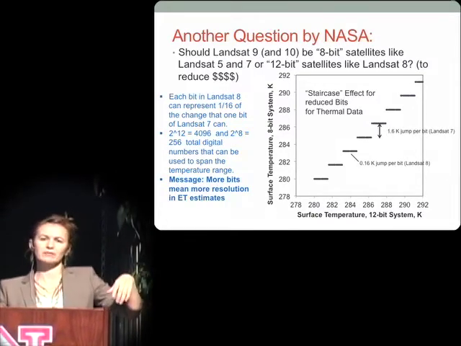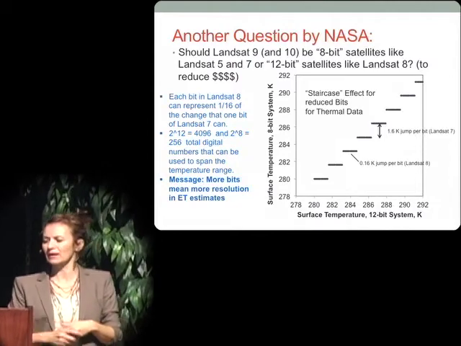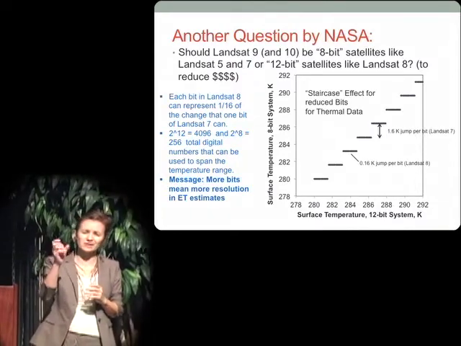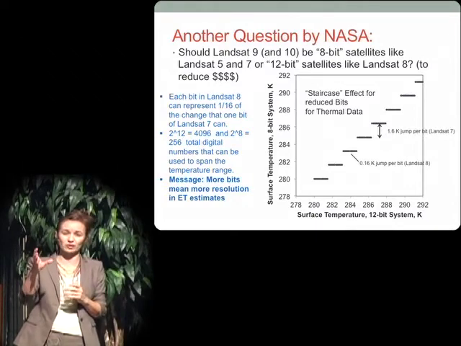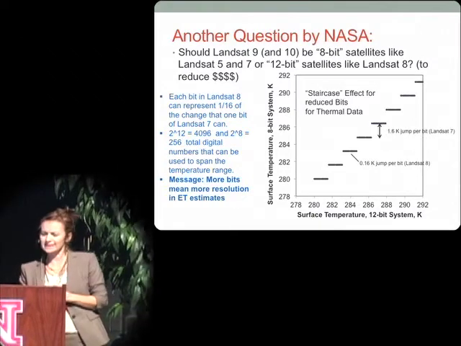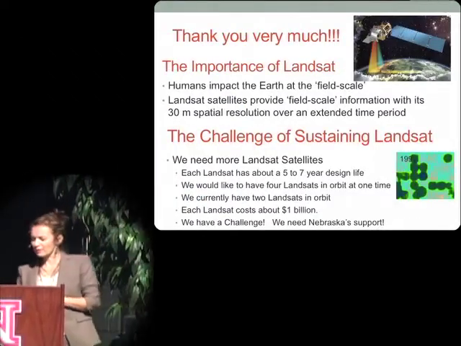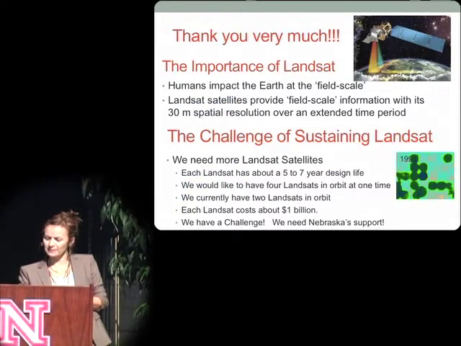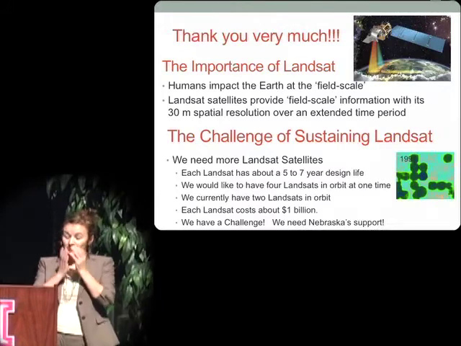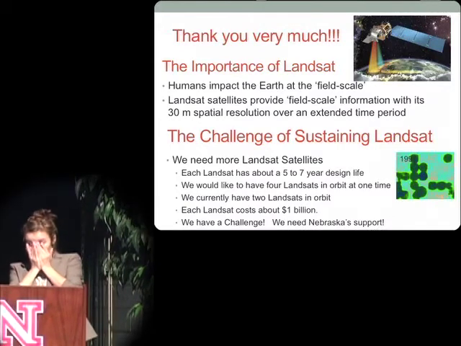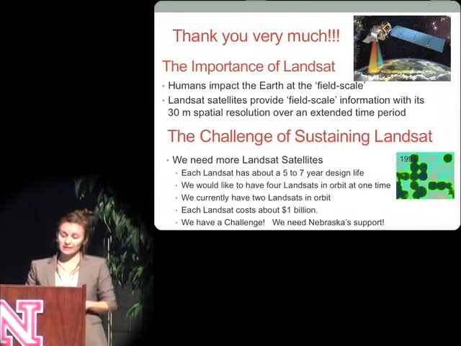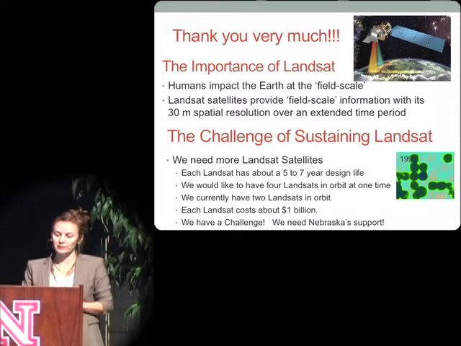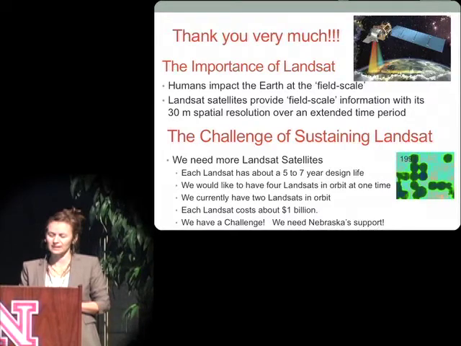So you might have more than 2-degree Kelvin error in your temperature just because of the radiometric accuracy of this thermal data. So again, this is a lot of information, and there's some more revisit time. We're trying to do our best to resolve some of these issues so that we can give some guidance on thermal imagery for the Landsat satellite.